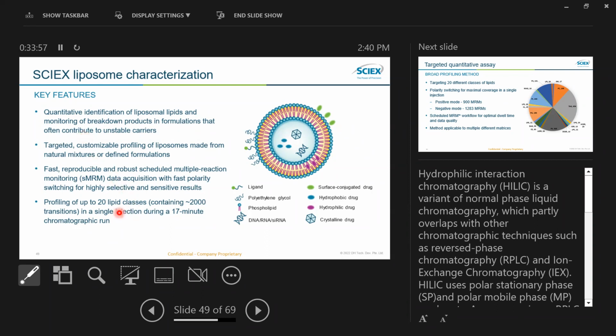SCIEX has had a long history and tradition in lipid analysis, and we've developed methodology to profile up to 20 lipid classes that contain over 2,000 transitions.